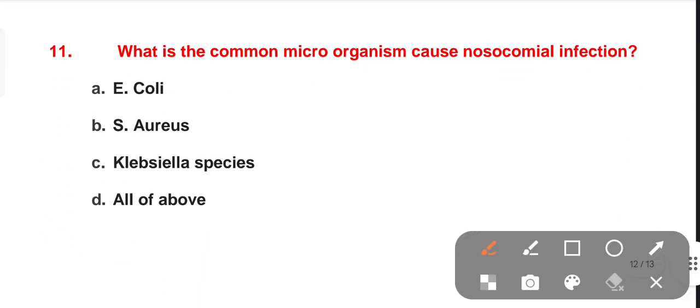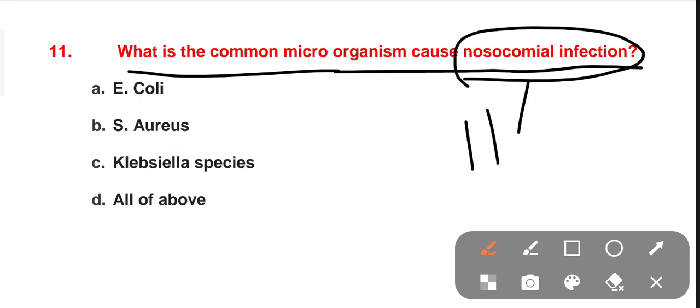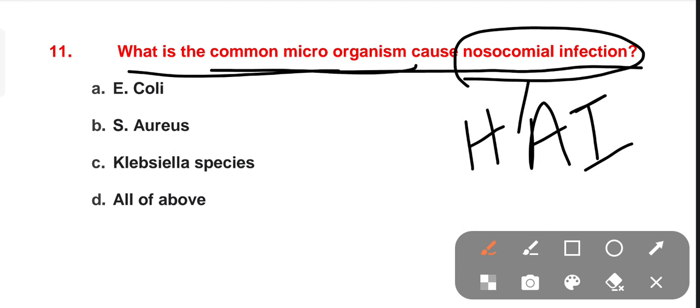The next question is, what is the common microorganism that causes nosocomial infection? Nosocomial infection is nothing but hospital acquired infection. When a person gets an infection during the hospital period, that is called nosocomial infection. What is the common microorganism?